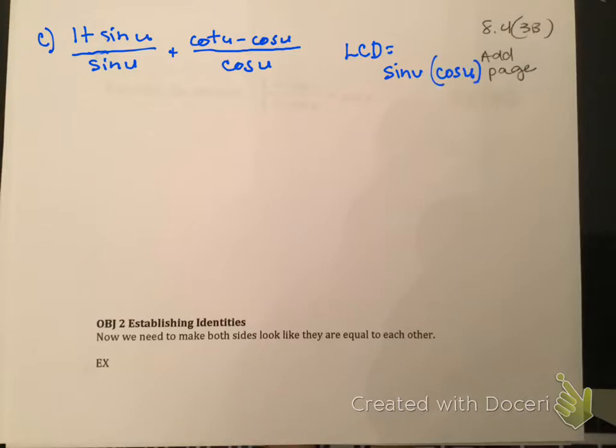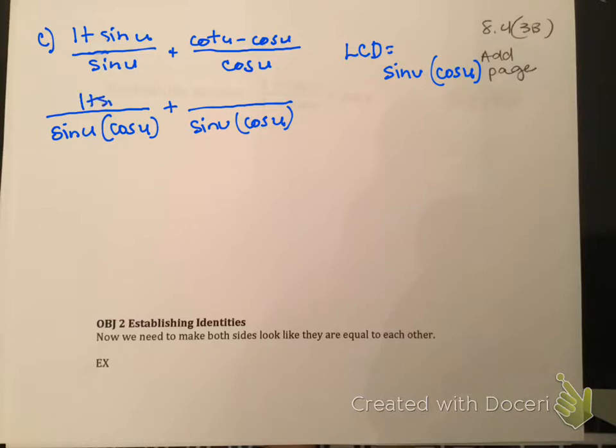That's my common denominator. So I'm going to take a moment and build up the numerator based off of what I get down in the denominator. So I'm just rewriting both. Okay, so I had 1 plus sine u in the numerator before, and now I have the denominator times cosine u.